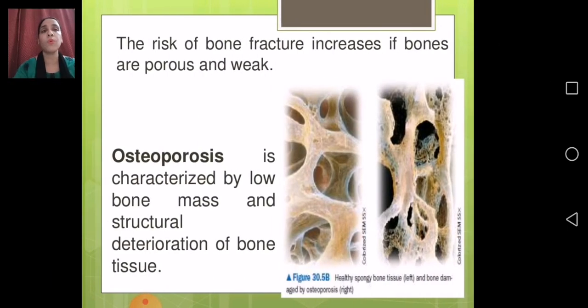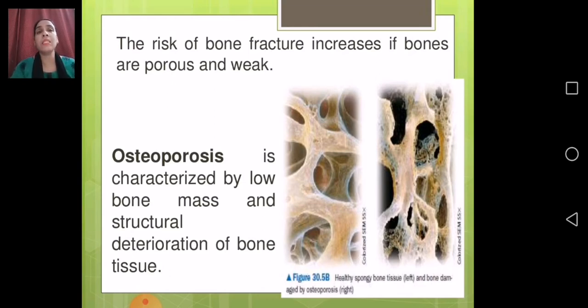The risk of bone fracture increases if bones are porous and weak. Osteoporosis, you might have heard about this disease. Porous means they are not filled with bone marrow or yellow bone marrow, or with the fat, and they become weak.